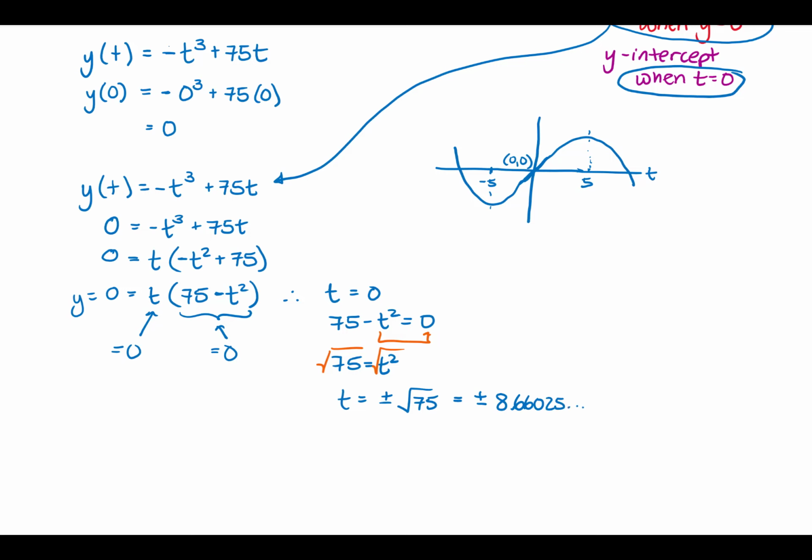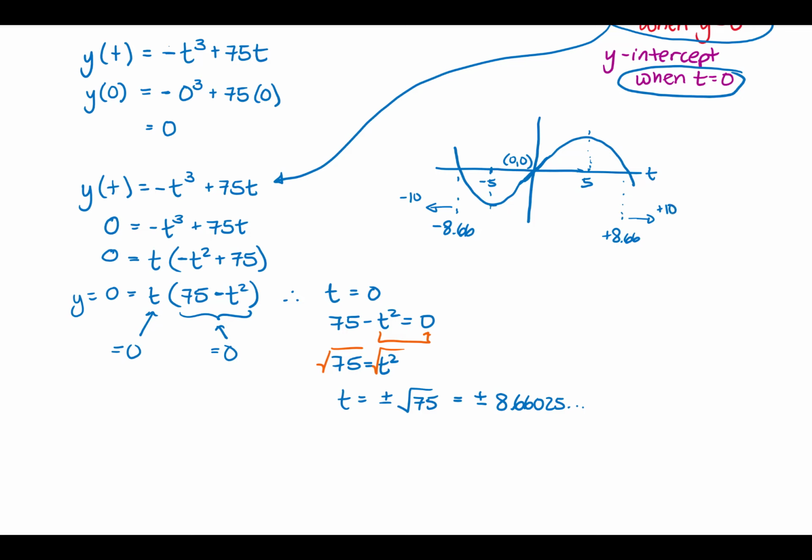So now the nice thing at this point is that I've got a pretty good idea of the range of t values that I'm going to be looking for. So I know that to get my intercepts to be included, I need it to range between -8.66 and +8.66, and I probably want a little bit beyond that when I do my graphing. So why don't we make our graph between -10 and +10?